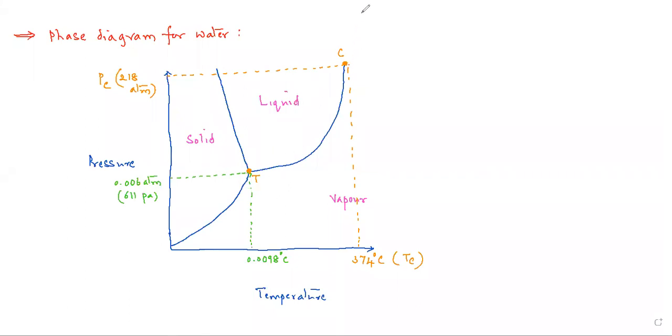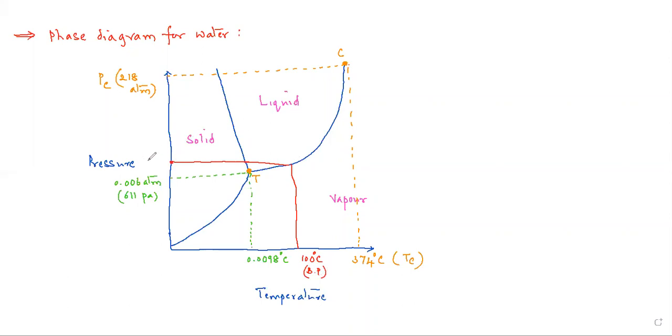Now coming to the boiling point, say this is the boiling point of water, 100 degrees.